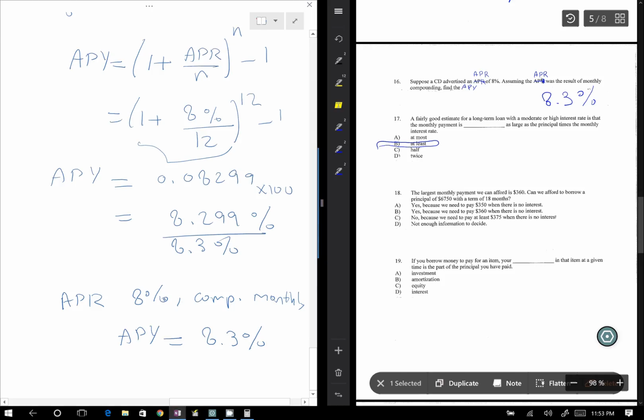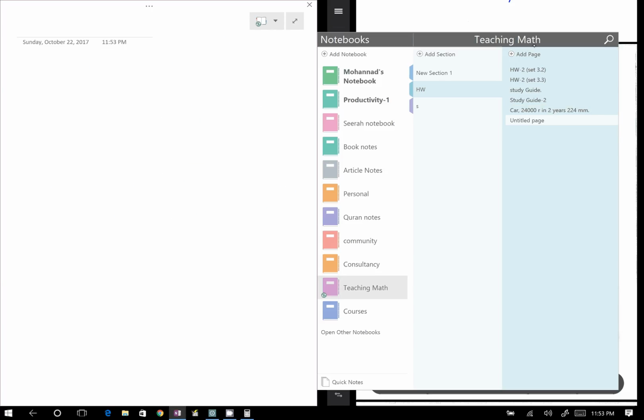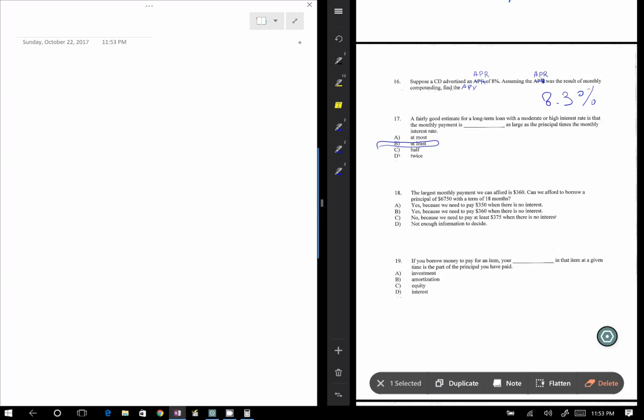Okay, moving on. 18. Let's get a new page. 18. The largest monthly payment we can afford is $360, so monthly max $360.